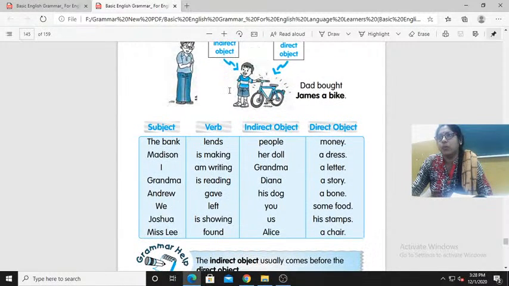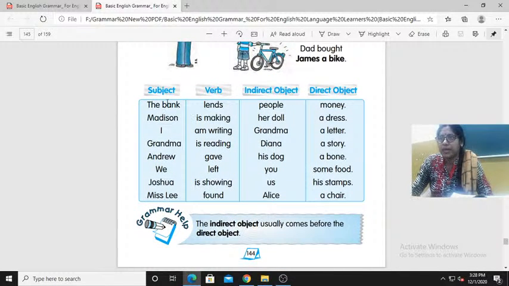Now see, many more examples you will find here: subject, verb, indirect object and direct object. Many examples are given, and you should also try to do these at home so that you can get practice and good marks. First one, the bank lends people money. Next, Madison is making her doll a dress. Third, I am writing grandma a letter.